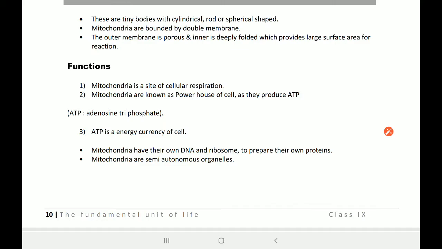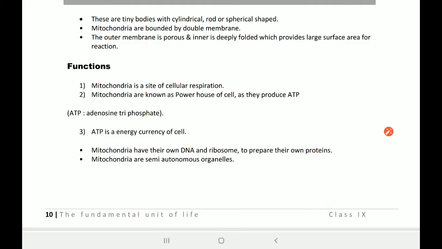Once the ATP is produced, it can be used anytime, properly. It's an easy to use, friendly form of energy, generated by mitochondria so that everyone can use it. ATP is the energy currency of a cell.